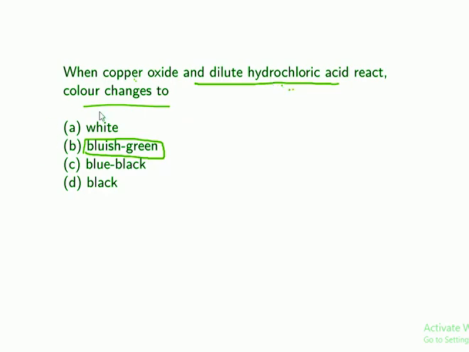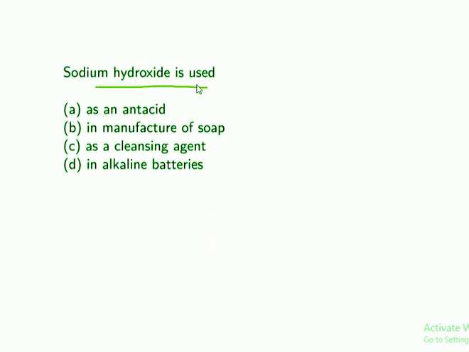Next question. Sodium hydroxide is used in the... I have covered this question in a previous class also. It is used in the manufacture of soap, as an antacid, as a cleansing agent, in alkaline batteries.